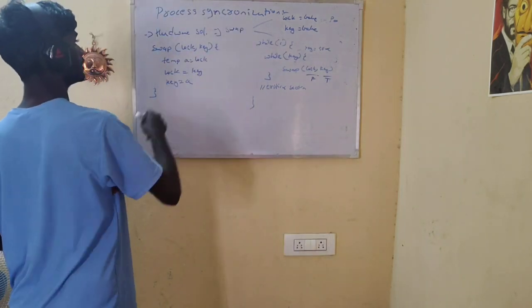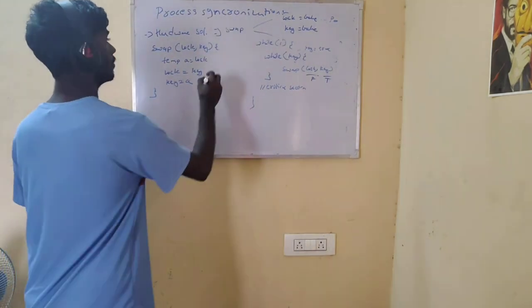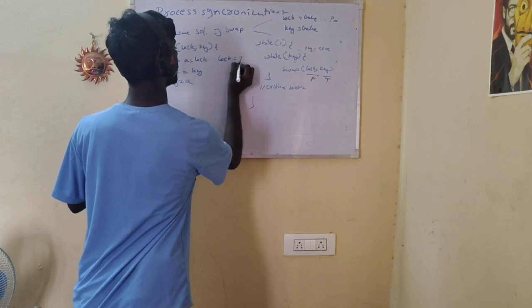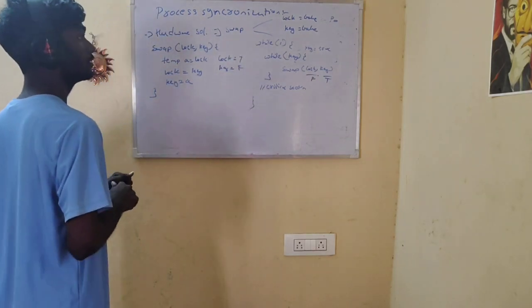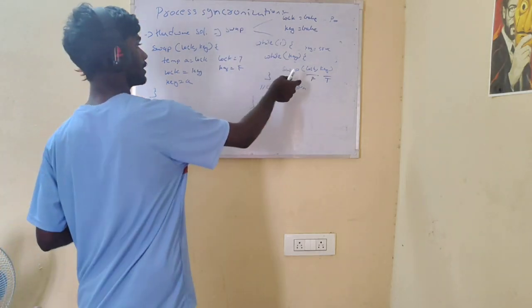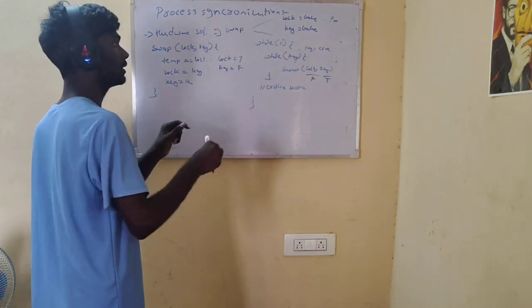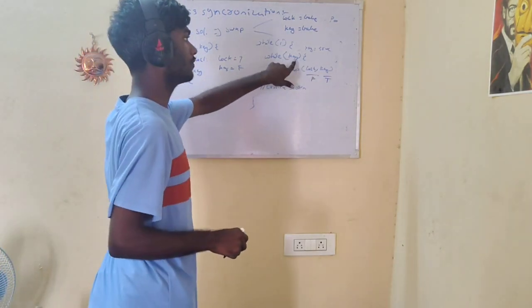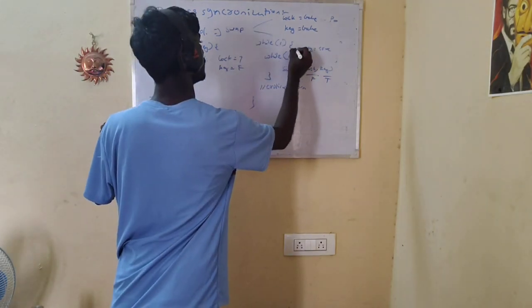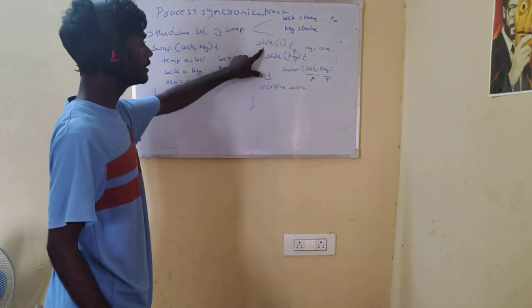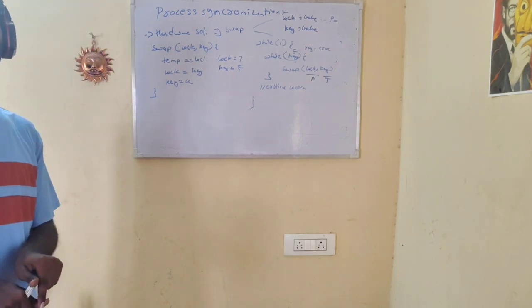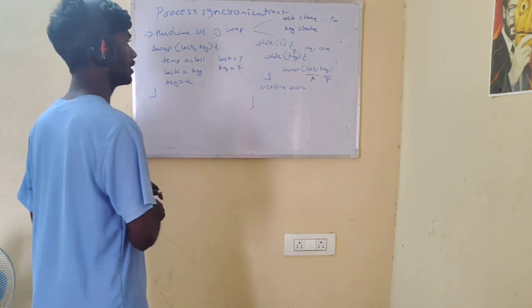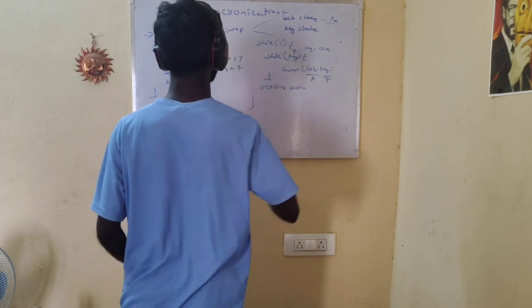When we enter this swap function, we swap, so lock becomes true and key becomes false. Once this function swaps the variables and returns, the value of the key will be false, meaning this loop is terminated and process P0 is given access to the critical section. Now P0 has access to the critical section.